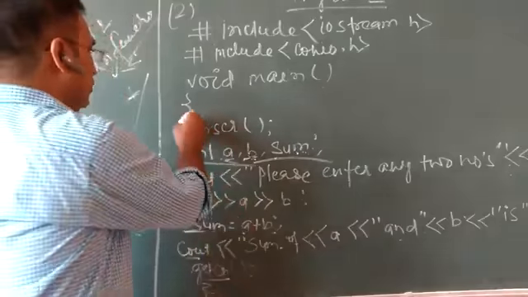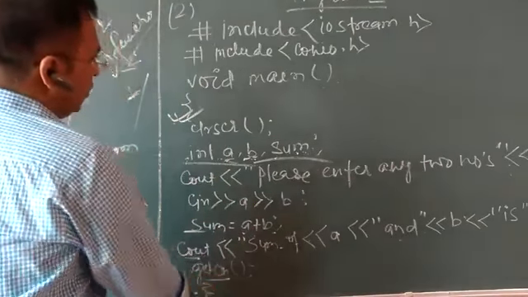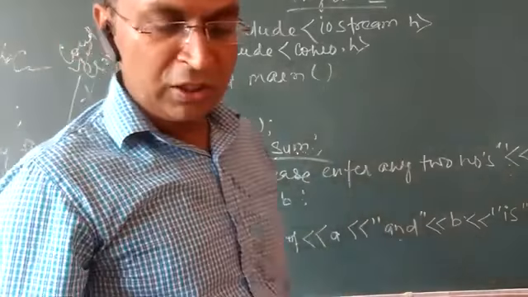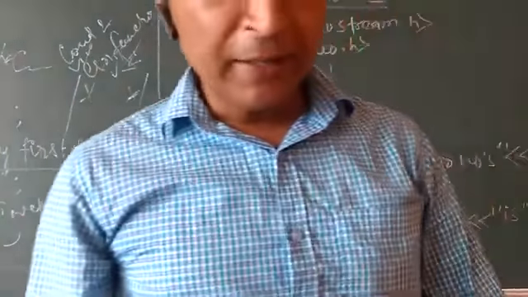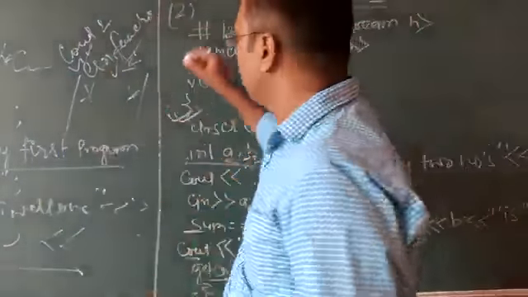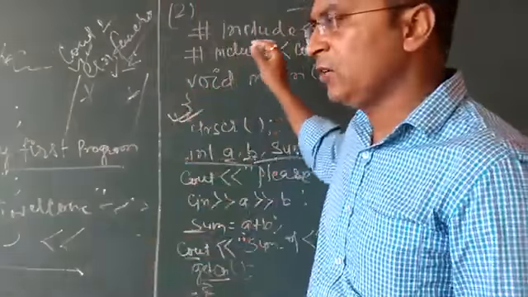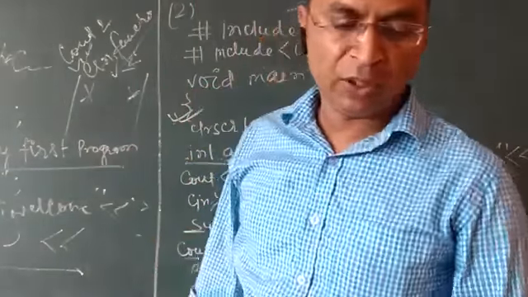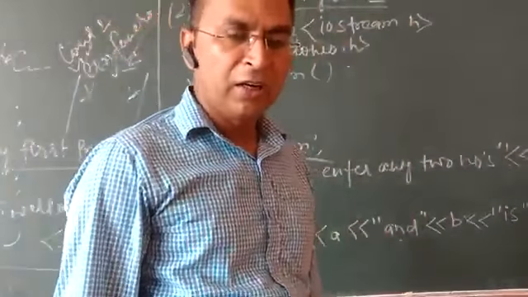And now, as we have given the opening parenthesis, we have to close it with the closing parenthesis. In this manner, we will try to write different programs, different codes through which we can learn.